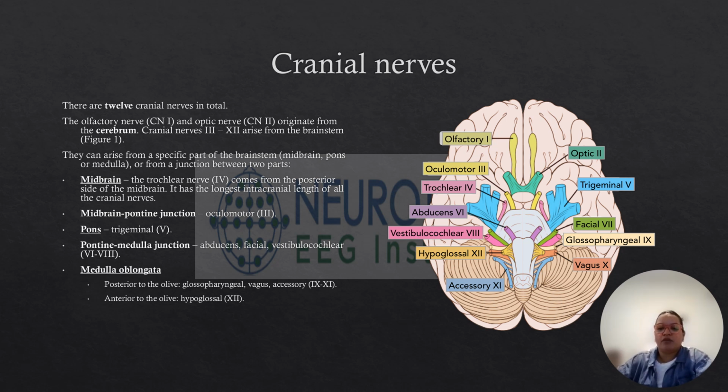And then from the medulla oblongata, posterior to the olive, back here, we have the glossopharyngeal, the vagus, and the accessory. And then anterior to the olive, coming from this medial part, is the hypoglossal.